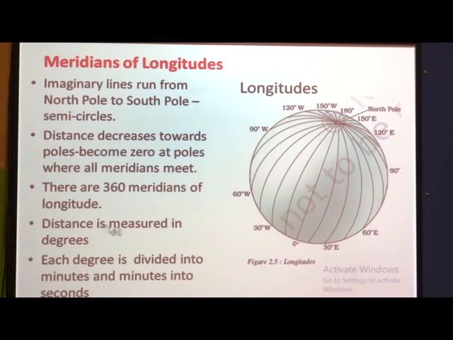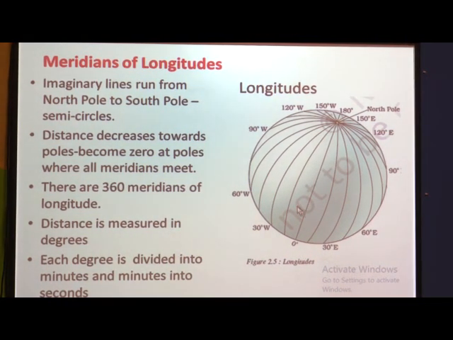Now this distance is measured in degrees. In between each longitude there is a distance, and this distance is measured in degrees. See this longitude, it is at 15 degrees east. This side we will call east and this side we will call west.